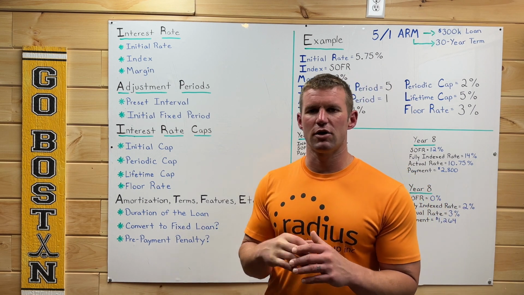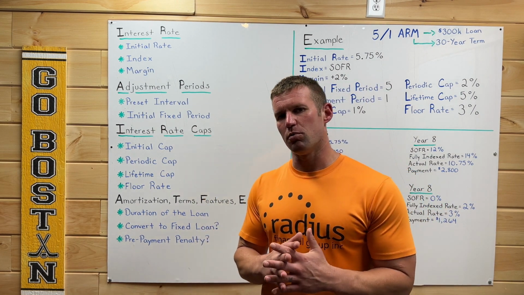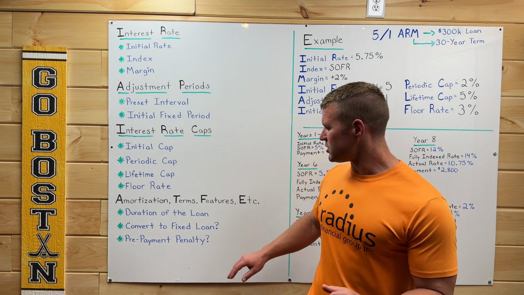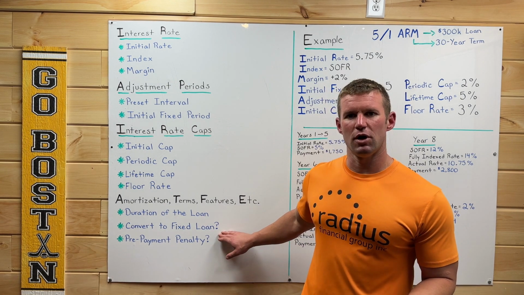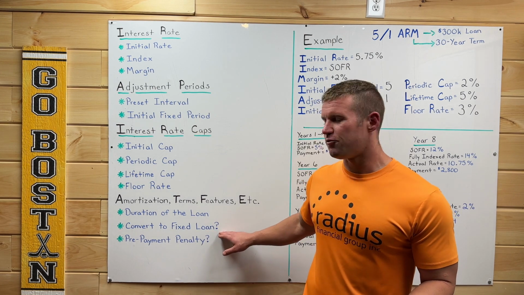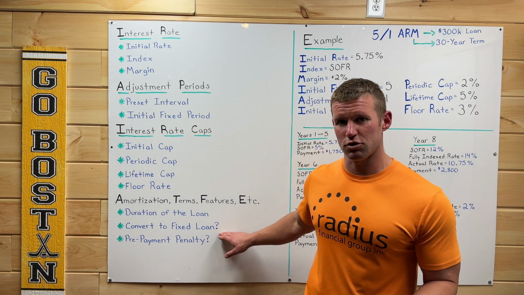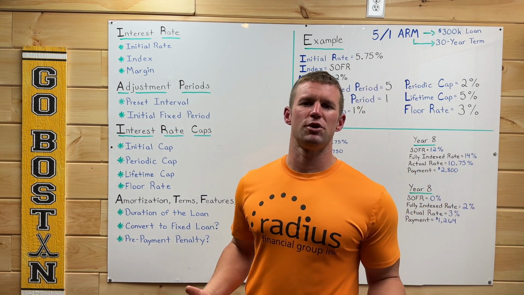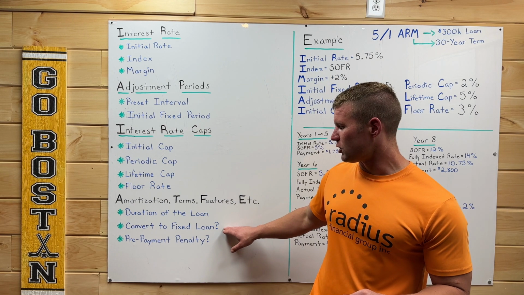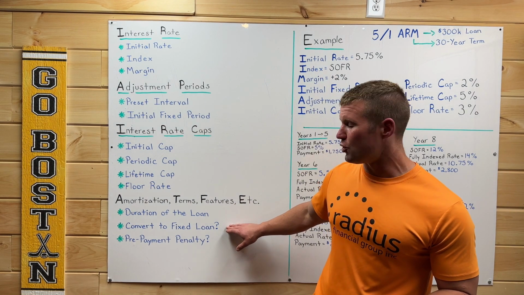You've got to look at your loan documents, but there might be verbiage in that loan document that says that at any time during the life of the loan, if you want to, you can convert it to a fixed interest rate. So at least you can budget better. You can know what your monthly payments are. Again, a good thing to look out for and a good thing to look for in your loan docs.